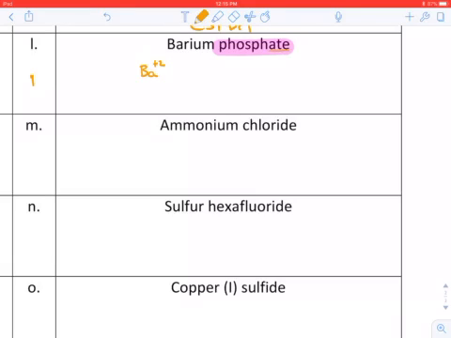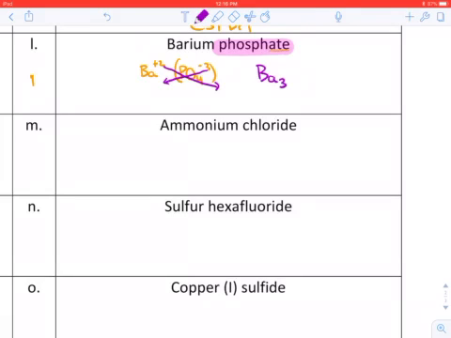So we look up at the top of our periodic table and we see another table, and that's our polyatomic ion table, and we see phosphate in there, and phosphate is PO4 and its charge, this whole thing, is -3. Now we're ready to do our crisscross. Remember, just take the numbers: 3 down, 2 down, and so we'll write that over here. We've got Ba3.